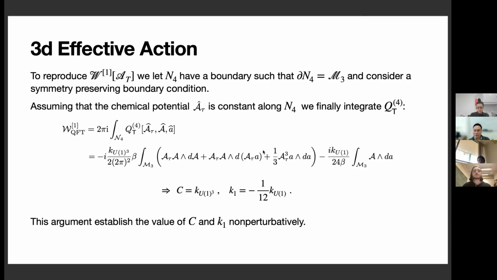And if you compare with the formula that I wrote at the beginning, it's very easy to see that we can fix both the coefficient C from the cubic anomaly, and we can also fix the coefficient K1 in a way that only depends on the anomaly and does not depend on the computation of the theory at weak coupling. So this is a new derivation of this formula that does not rely on the previous assumptions that were given in the literature.